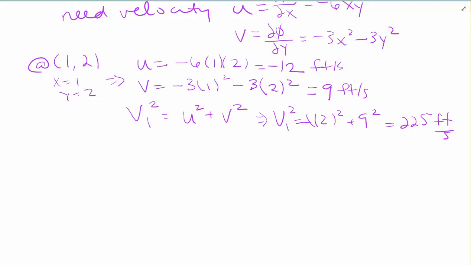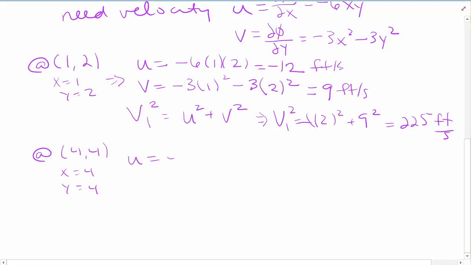Let's do the same thing for V2. For V2, we'll be at a different point. We'll have x equal to 4 and y equal to 4. Let's find u and v. U will be negative 6 times 4 times 4, and that gives us negative 96. V is negative 3 times 4 squared minus 3 times 4 squared.